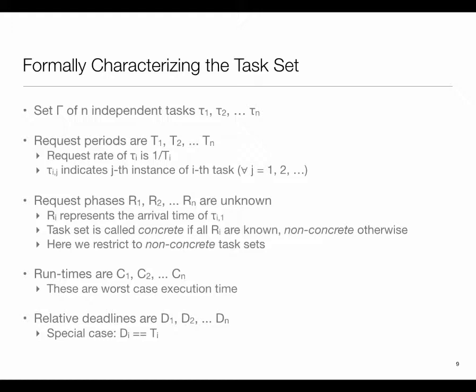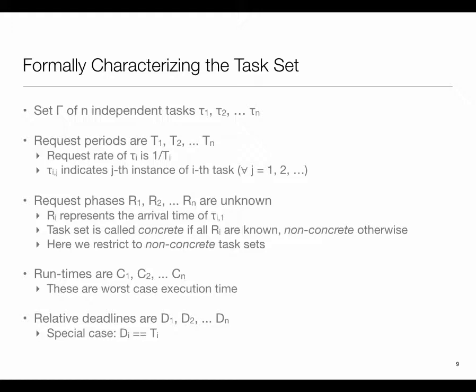So if I tell the programmer that this set of tasks with those properties is acceptable, then I'm basically saying it will work for any arbitrary value of the phases. Usually that's the more common model. It's very hard to predict what the phases are going to be. In some systems maybe, but usually not.